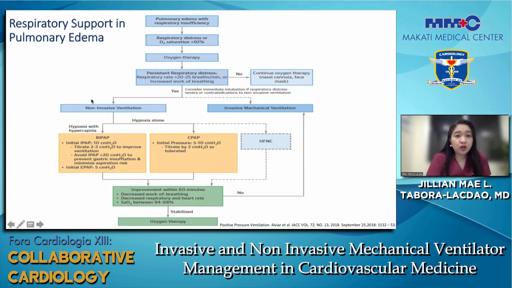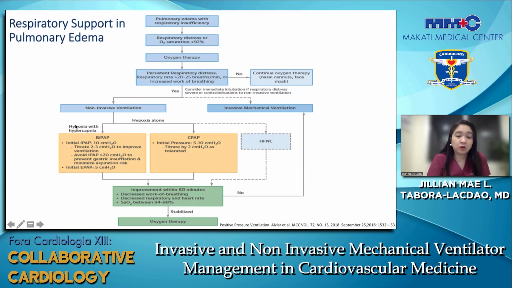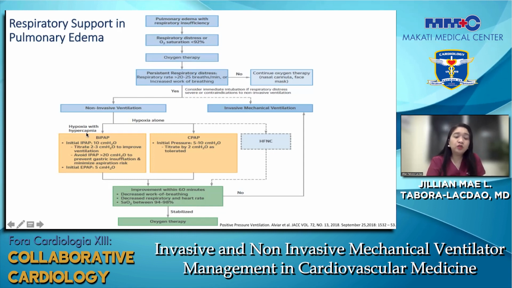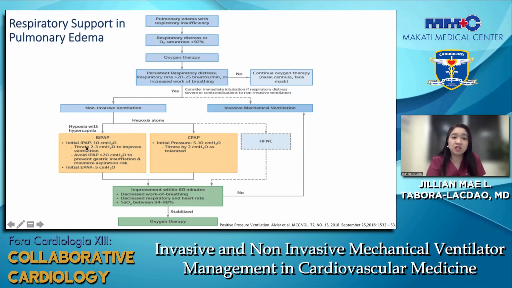If you try NIV and the problem is hypoxia alone, you can try high flow nasal cannula, you can try CPAP and BPAP. If the problem is hypoxia with hypercapnia, you want to blow off the CO2 as well. That's why you are going to hook the patients on the BPAP machine because you can set the IPAP and the EPAP.